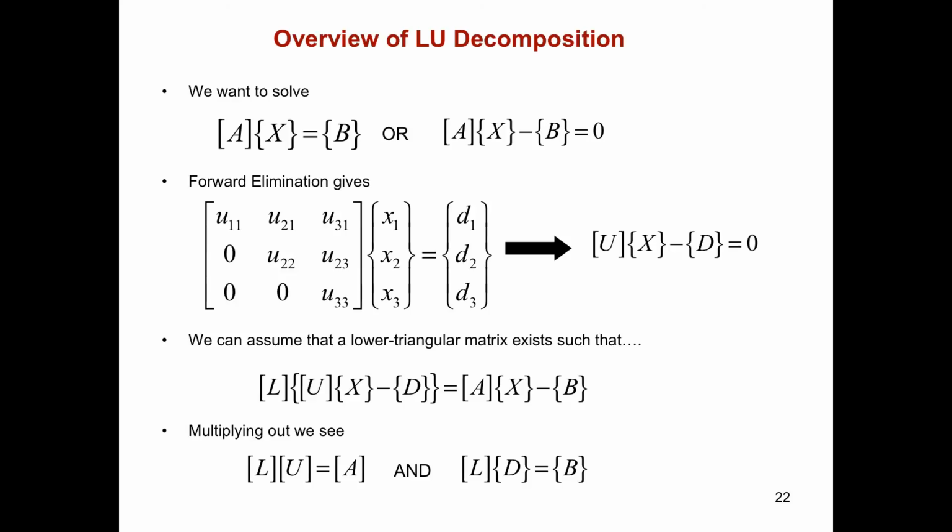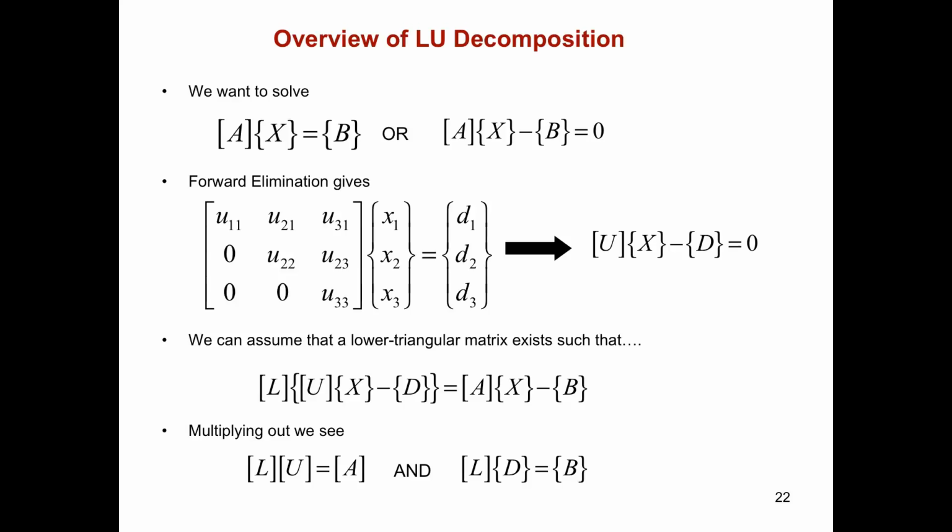And then after that, I will solve two systems. For one, I'm going to find vector D such that it solves LD is equal to B. So I'm going to solve a system by forward substitution. And then after that, all I'm solving is UX is equal to D. And I'm pretty much done. So let's actually do that example, so it's going to be much easier for you to follow.